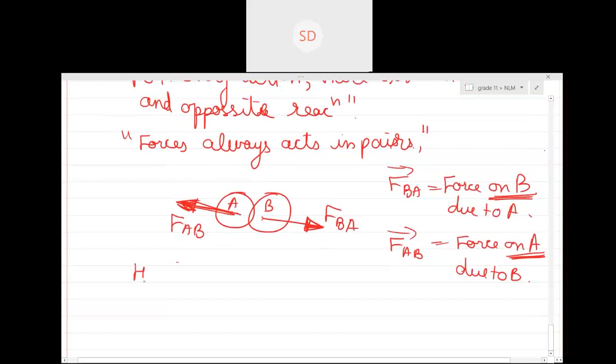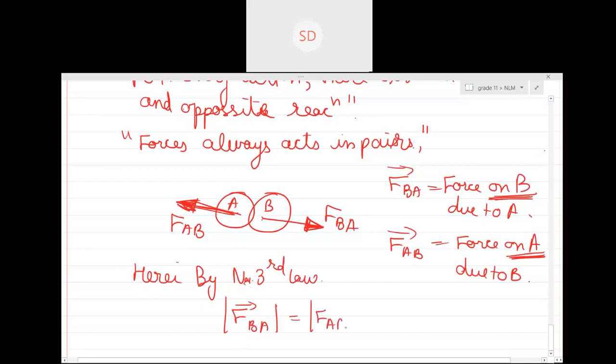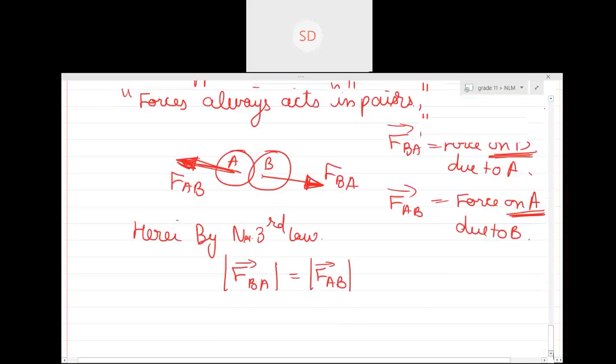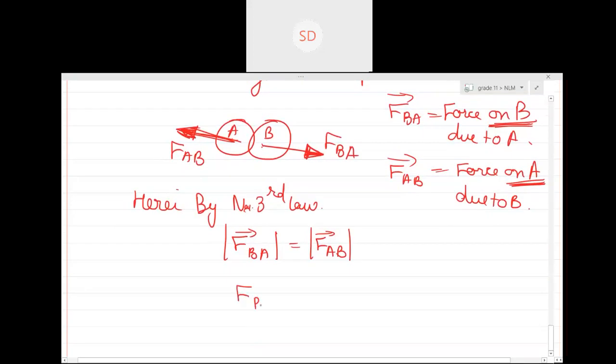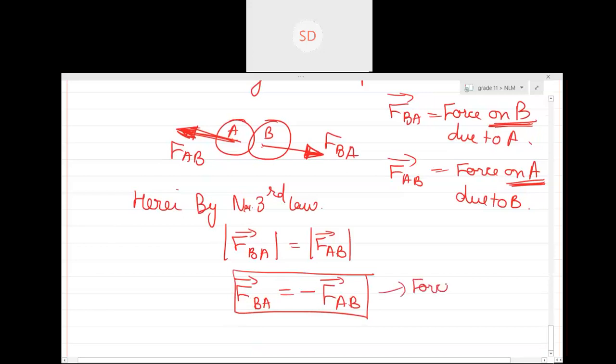So here, by Newton's third law, F_BA vector and F_AB vector have the same magnitude, but they act in the opposite direction. So I can write F_BA is minus of F_AB. Can you see the forces are equal and opposite to each other? Yes or no?